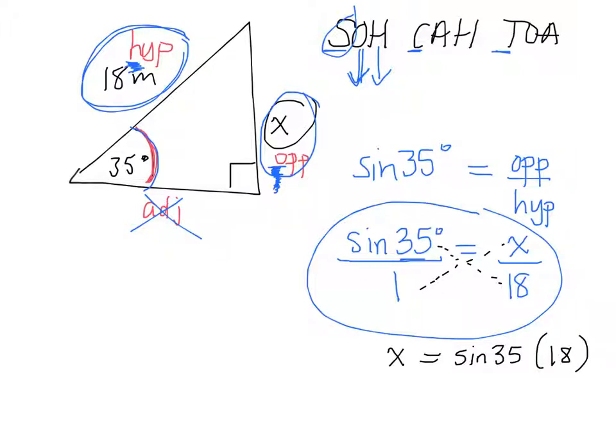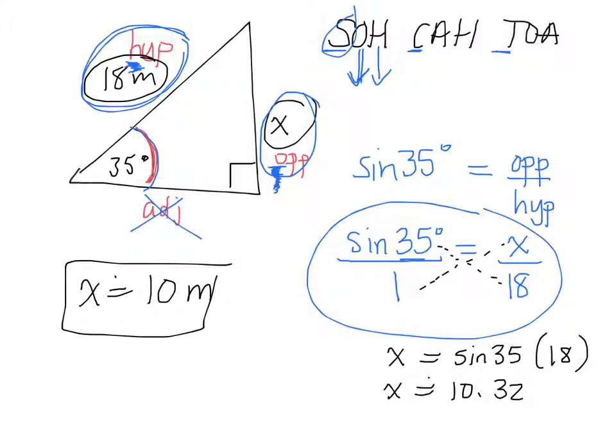So you punch in sine 35 times 18. Okay, so you got 10.324. But look here for a sec, this is also important. The question gave me measurements to the nearest meter. So when I solve this, I'm going to answer it to the nearest meter, which would be approximately 10 meters. So side length X is approximately 10 meters.